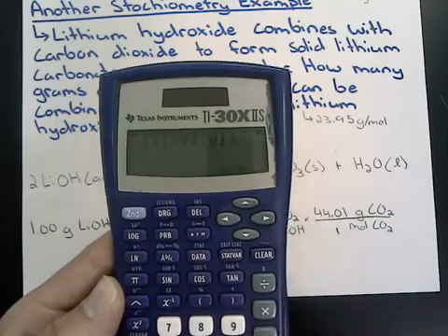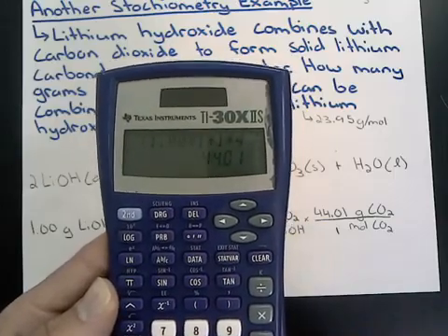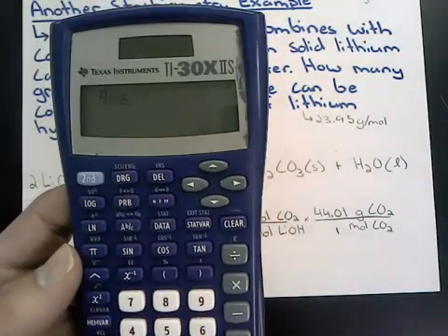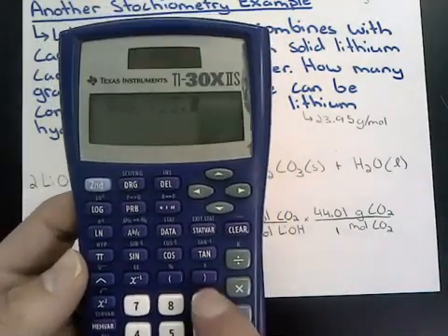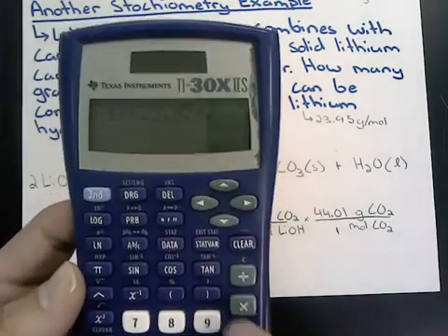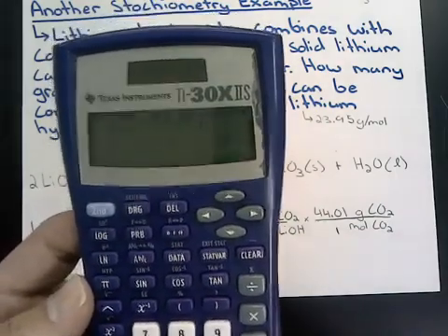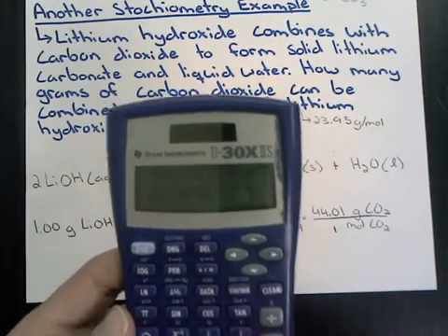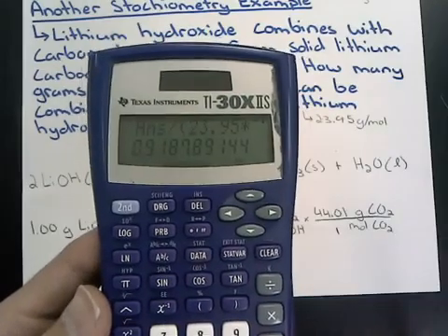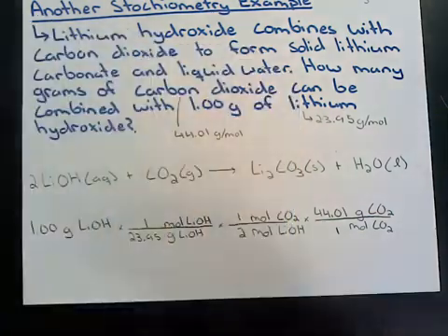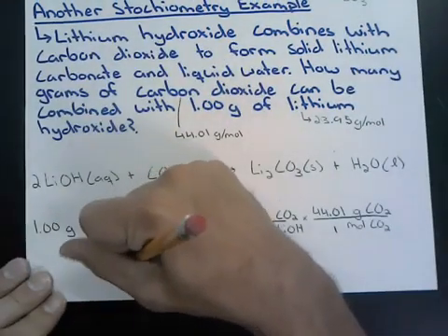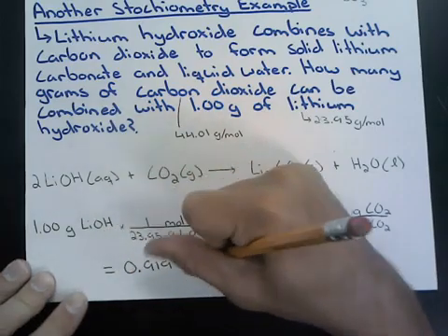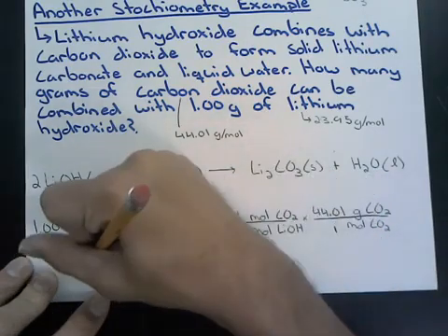Close the parenthesis, press enter. Now, I divide it by parenthesis, very key point here. The molar mass, 23.95 times 2 times 1, and I press enter. So the number of grams of carbon dioxide that can be produced here is 0.919. So that is the number of grams of CO2.